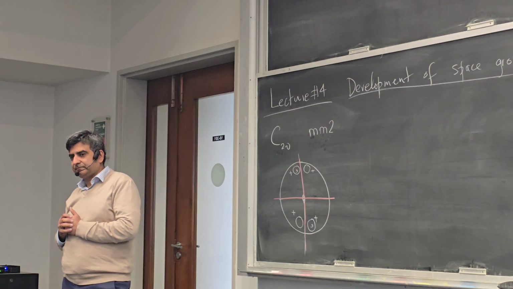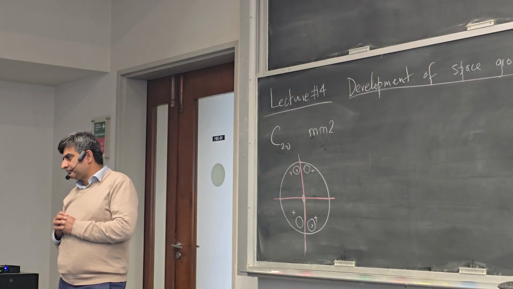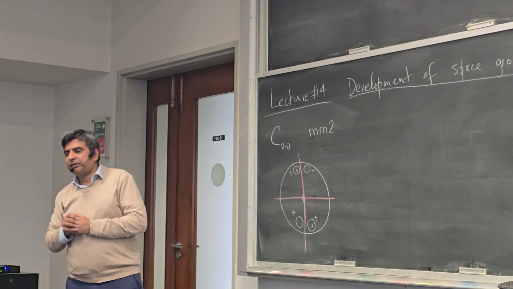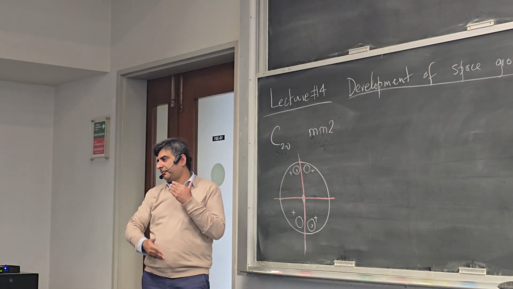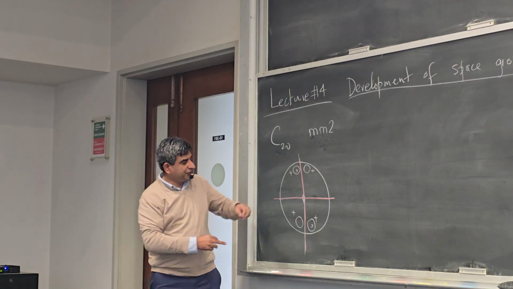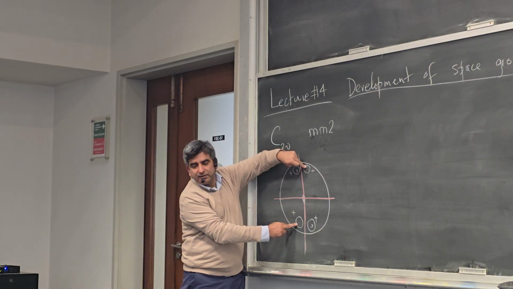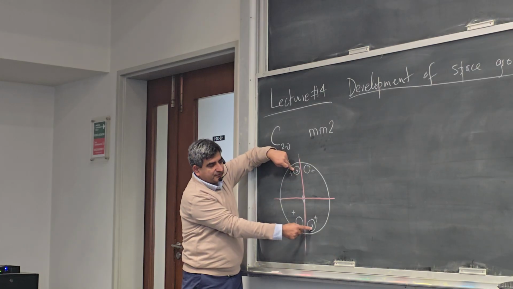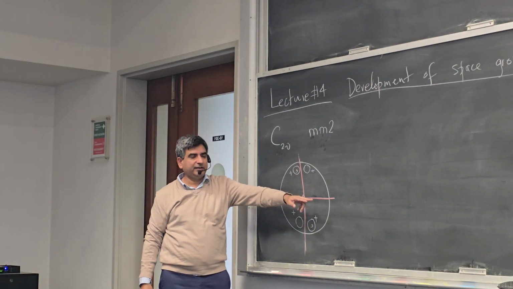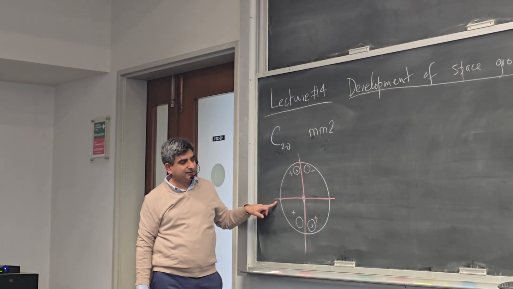C2V is formed by C2, and then you add vertical mirror planes. C2 gives you these 2 points, and then you put a vertical mirror plane here to get these mirror images, right? But this has automatically created this mirror plane as well.